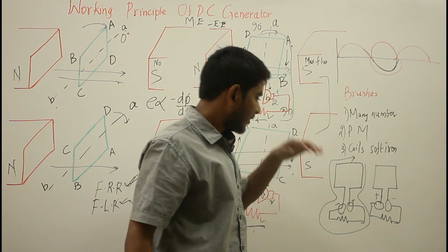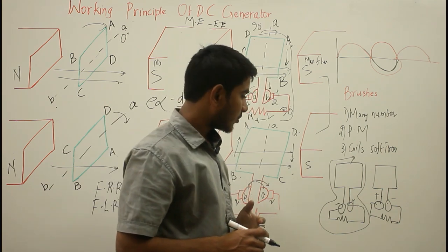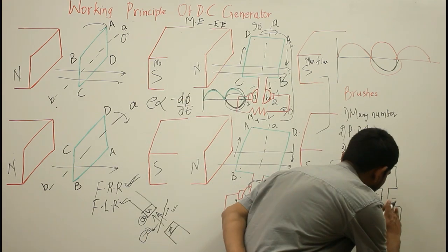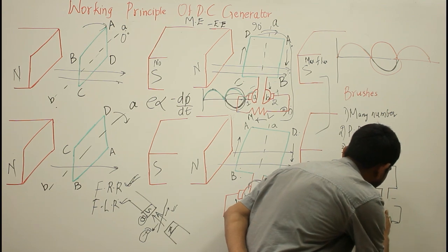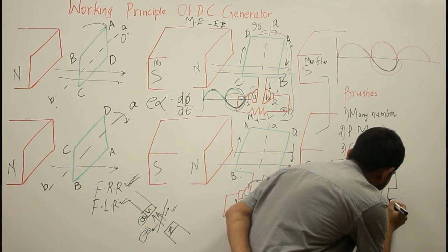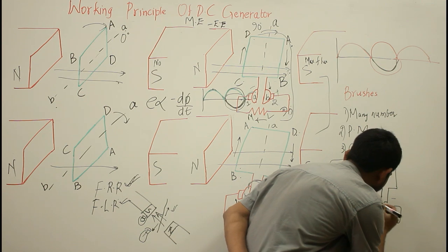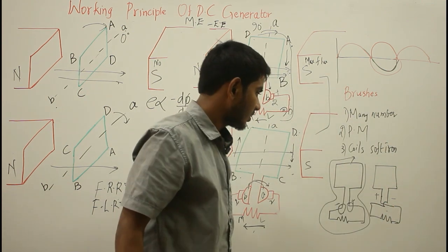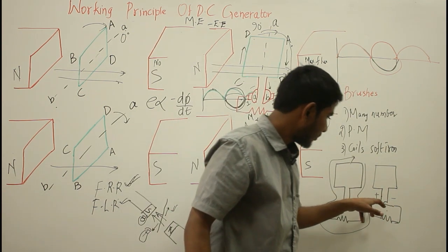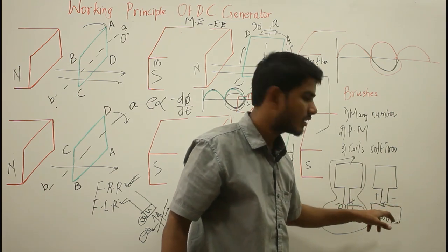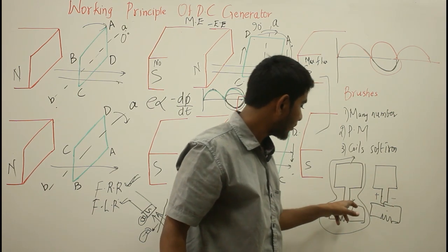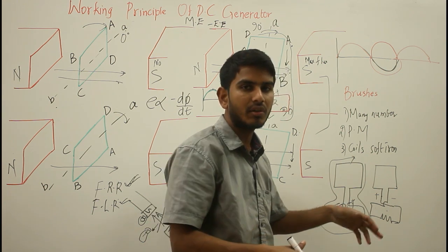Now with the help of commutator segments, what I am doing here is I am connecting this terminal here and this terminal here. So as the plus is connected to minus and the minus is connected to plus terminal as before, the current is going to reverse.